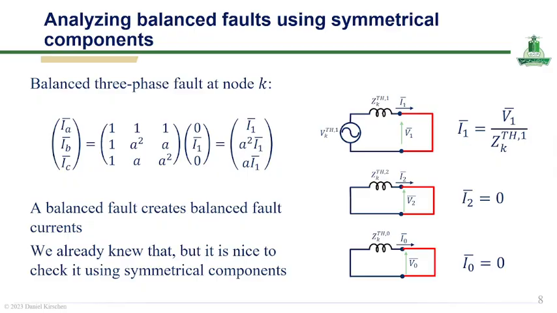All right, this slide explains how a balanced three-phase fault can be analyzed using symmetrical components. In this case, the fault occurs at node K, and due to its balanced nature, it only involves the positive sequence network.